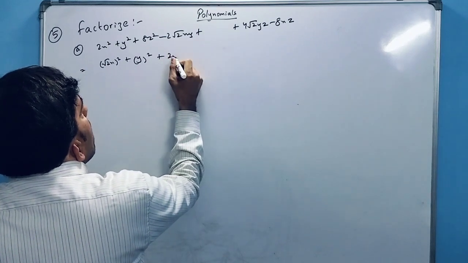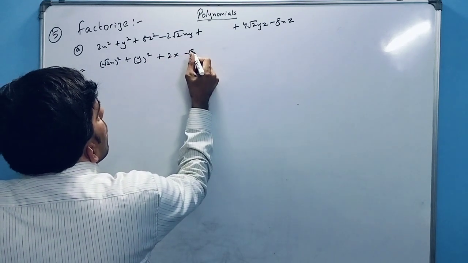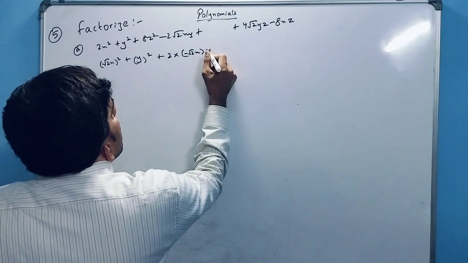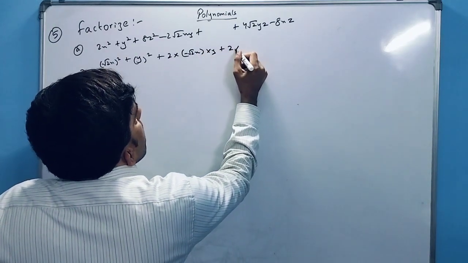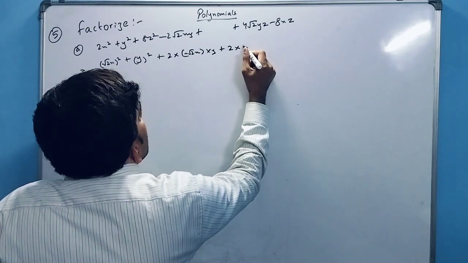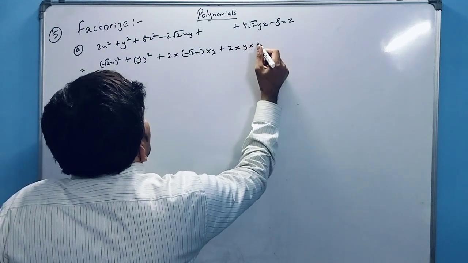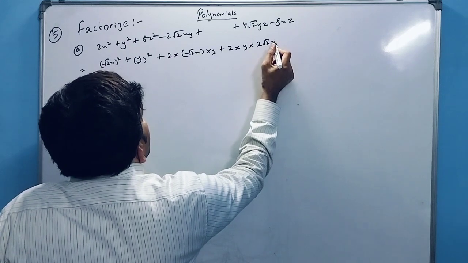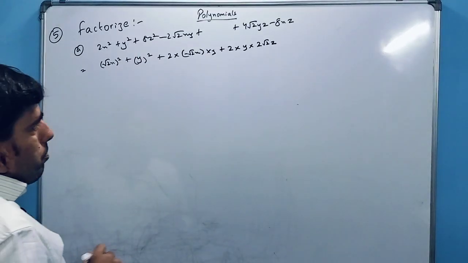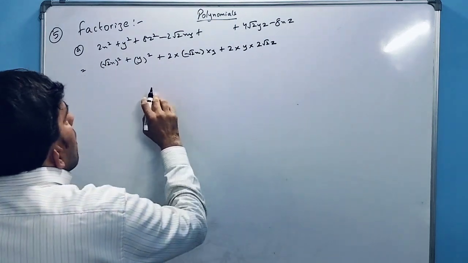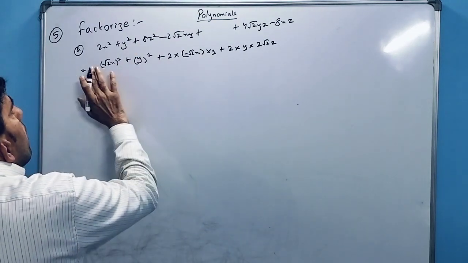So write 2 into minus root 2 x into y. Then next we have 2 into yz, no? So y into 2 root 2 z. This one I have missed, no?